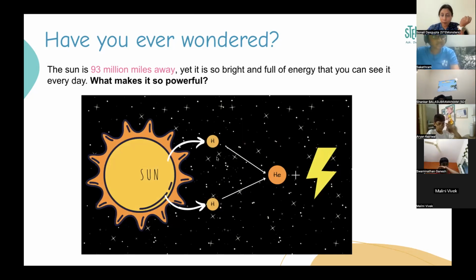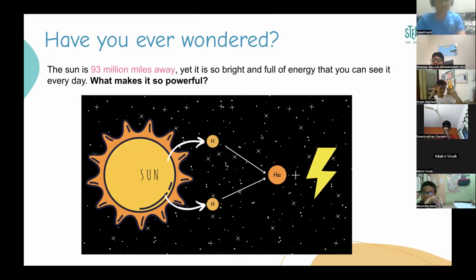So what is happening in the sun that gives it so much thermal power and heat energy? It's the core, but what is the process that's happening there? Something has to create that light energy and heat energy. Hydrogen. No, it's not fire.